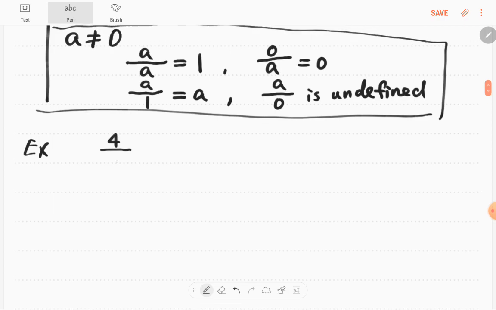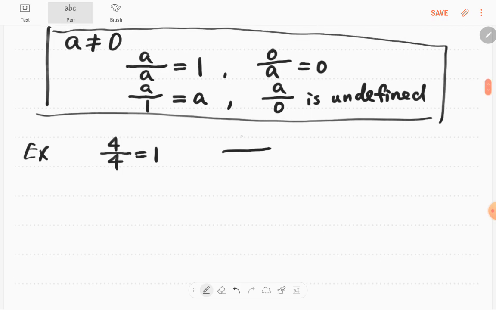So 4 over 4 equals 1, right? And 9 over 9 is 1. So this is about A over A equals 1.